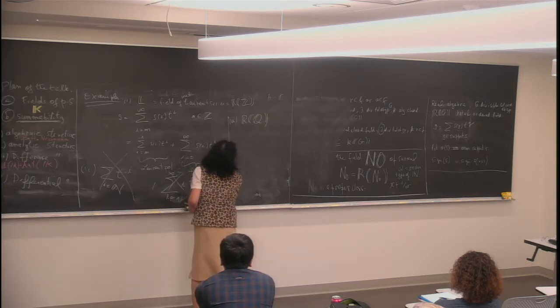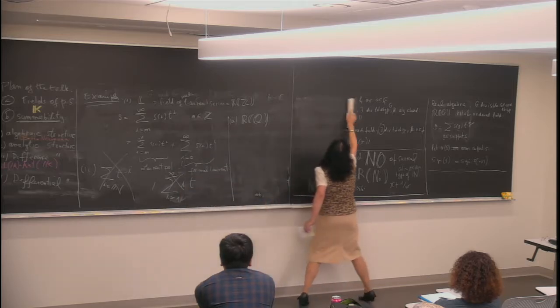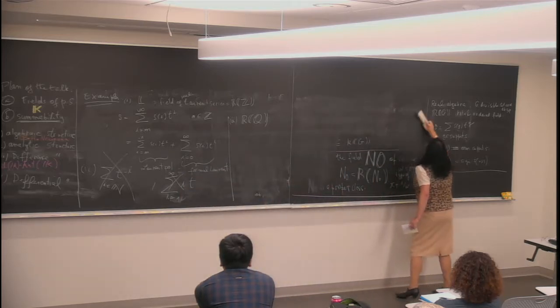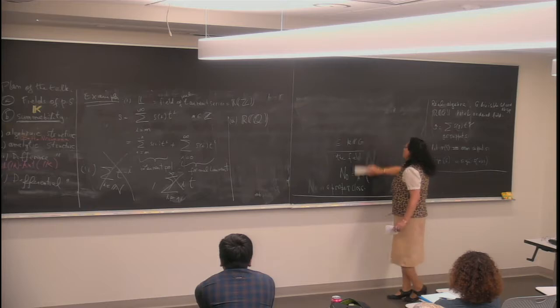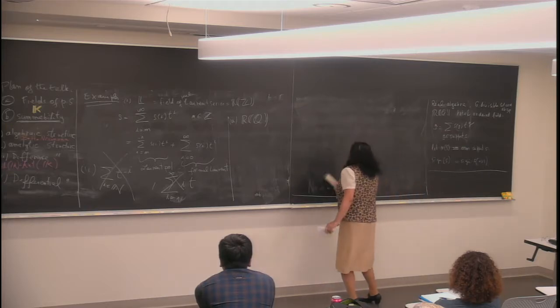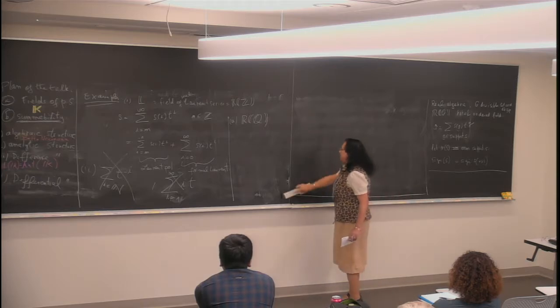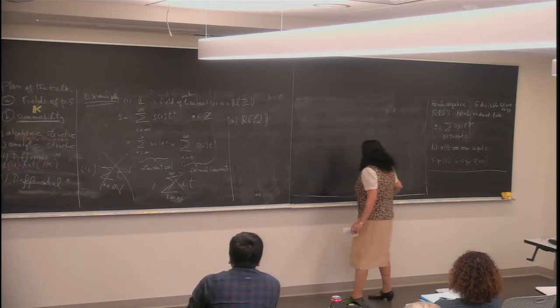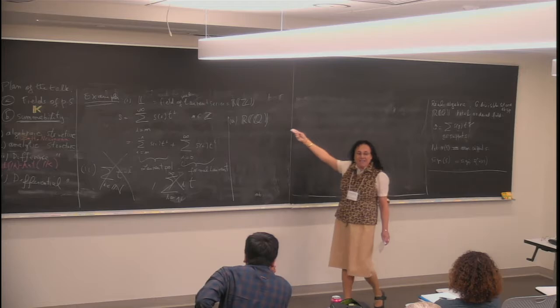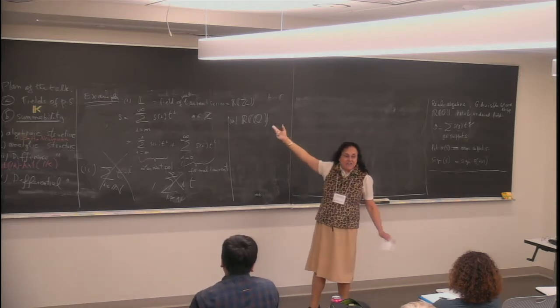A well-ordered subset of Z is either finite or it's cofinite. It's unbounded. It has to go all the way, right? So either you have finitely many or you're doing all the big steps. You have order type omega.